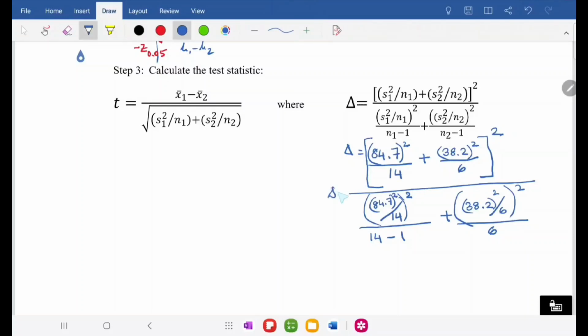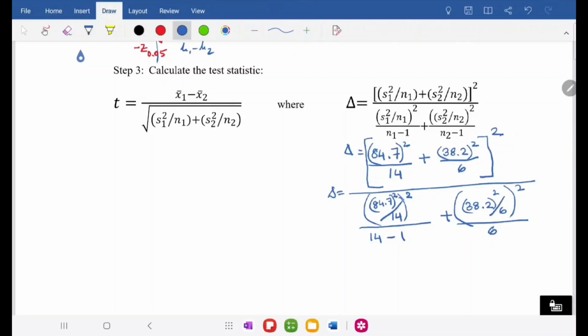Again, I strongly recommend that when you plug these into the formula or into the calculator, please do it step by step. First calculate this, note the value, write it out somewhere, then calculate 38.2 squared divided by 6, add them, then square them.